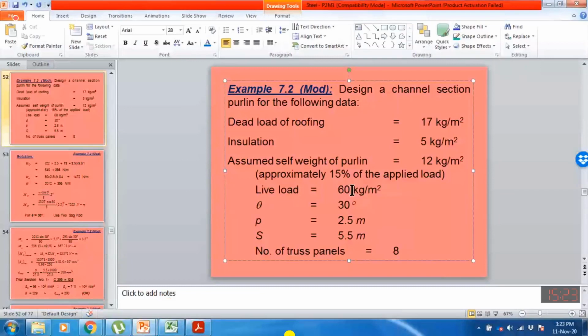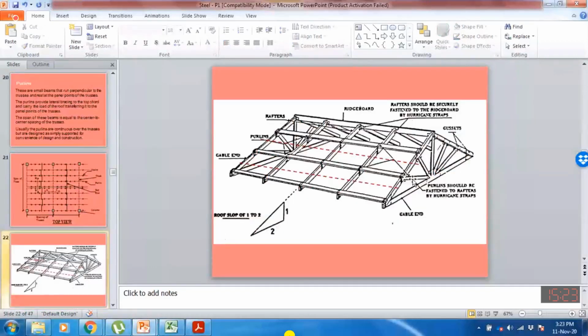P is the panel length, that is the spacing of the purlins, and S is the spacing of trusses, which is equal to the length of our purlin. And N is the number of truss panels. Number of truss panels means, for example, we are having 1, 2, 3, 4, 5 and 6 panels.